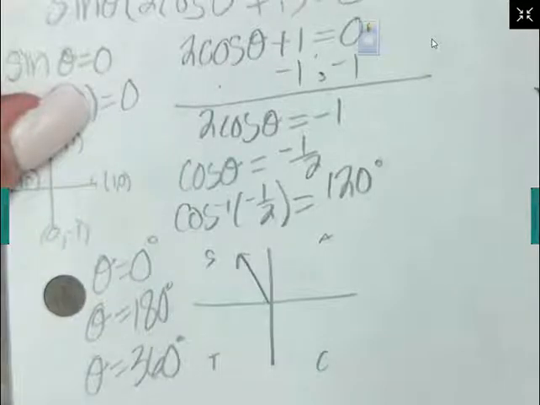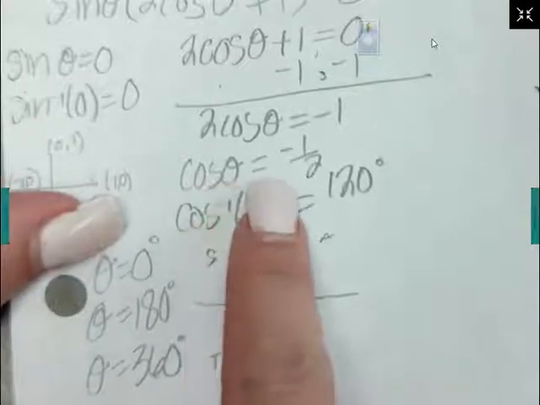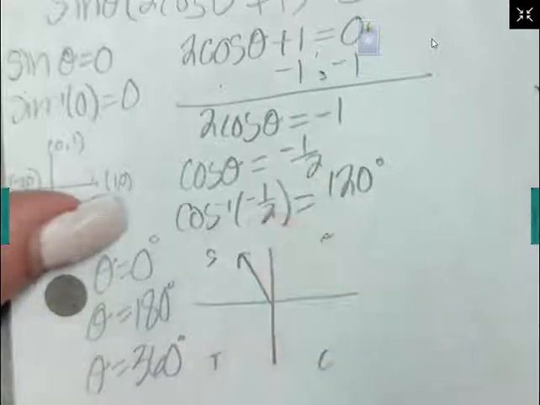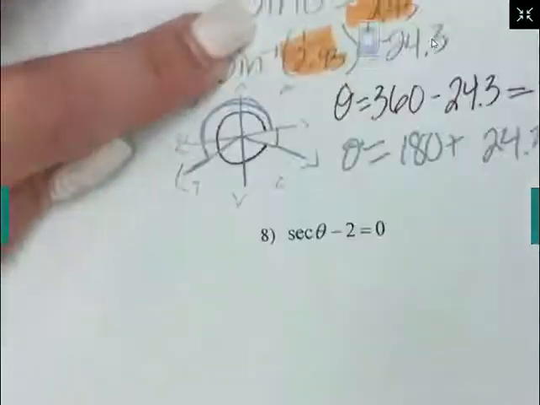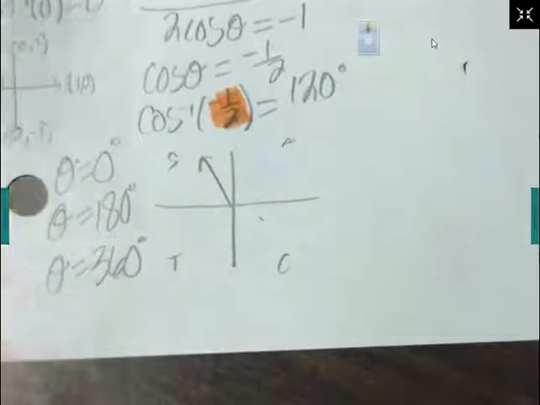Again, one of those two is correct. What does this say? This says cosine of theta is equal to negative 1/2. Do you see that? I've been trying to highlight that every time so that we don't forget. It's what you put in your calculator. If that's negative, then it's negative, and if not, it's positive, okay?